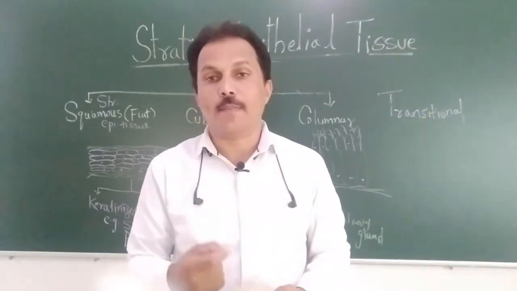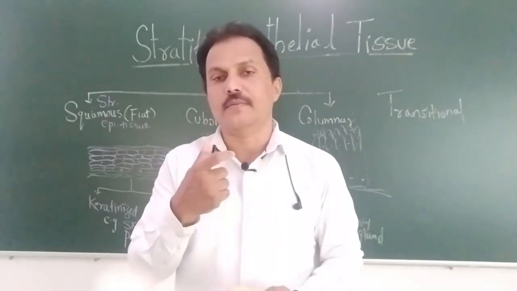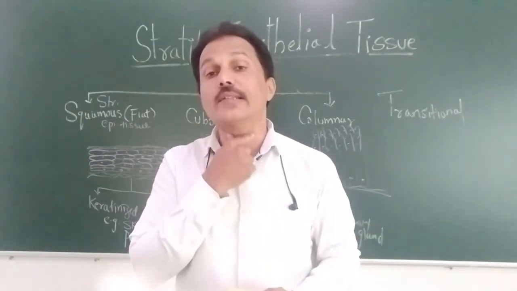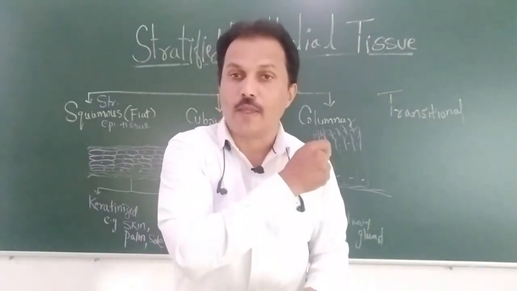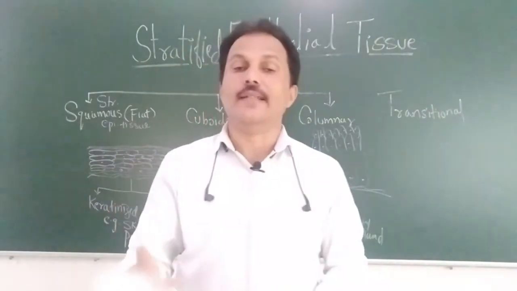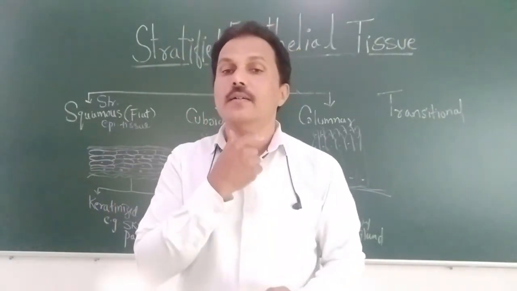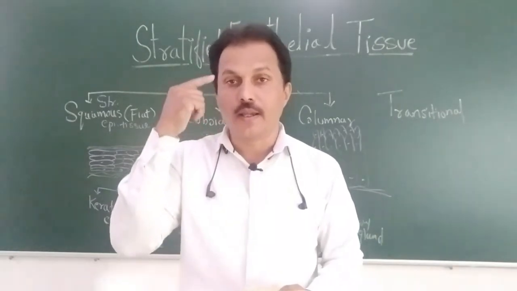One more example is the pharynx. When you swallow food, there is intense friction in the pharyngeal region. So you will find this type of columnar stratified epithelial tissue specifically in the pharynx as well as in the conjunctiva.